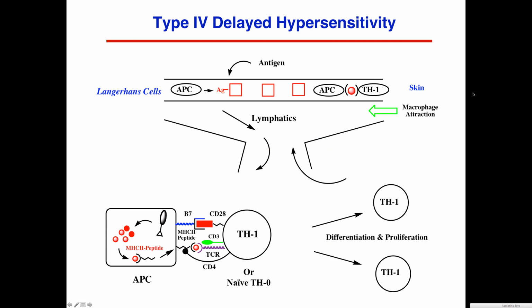I do want to point out one thing I forgot to mention here, and that is this process down here, to get all of this going, takes a lot of time to occur. It could be a week to a couple of weeks before that response.